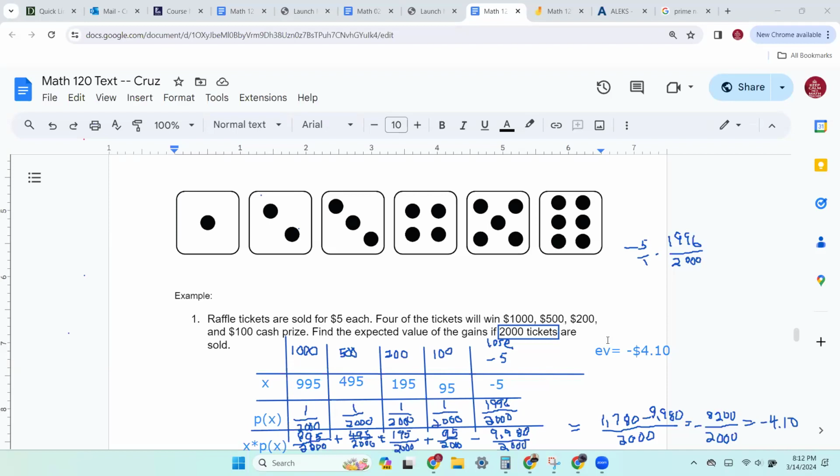Now, it's not possible to do that for just any one player, because you're either losing $5 or 4 lucky people are going to get one of those prizes. But on the average, $4.10 is the cost to play this game. And so the people running the game, they're expecting $4.10 for everybody, but it figures in paying out the costs for the prizes.